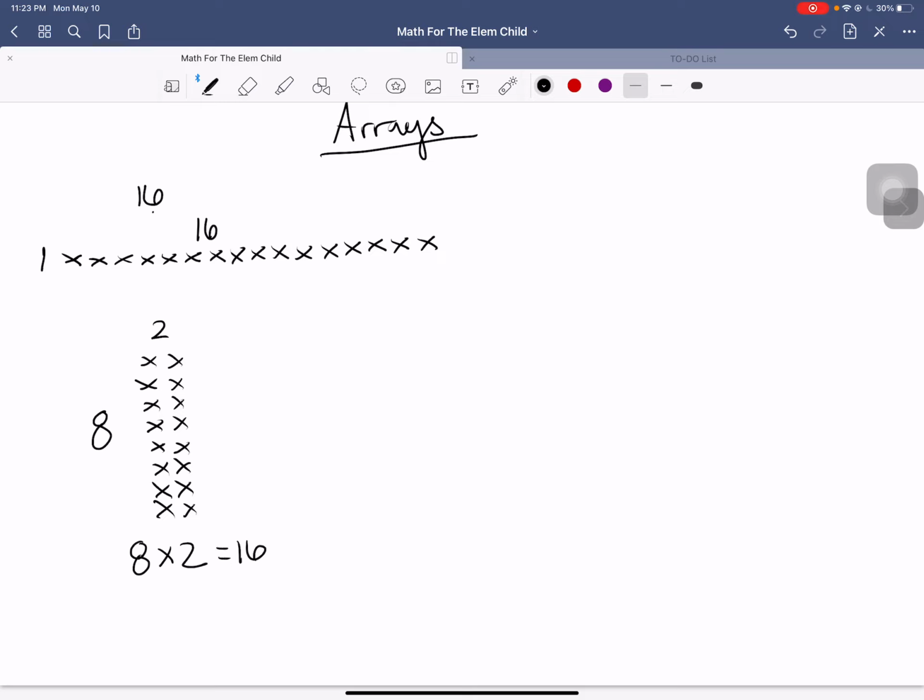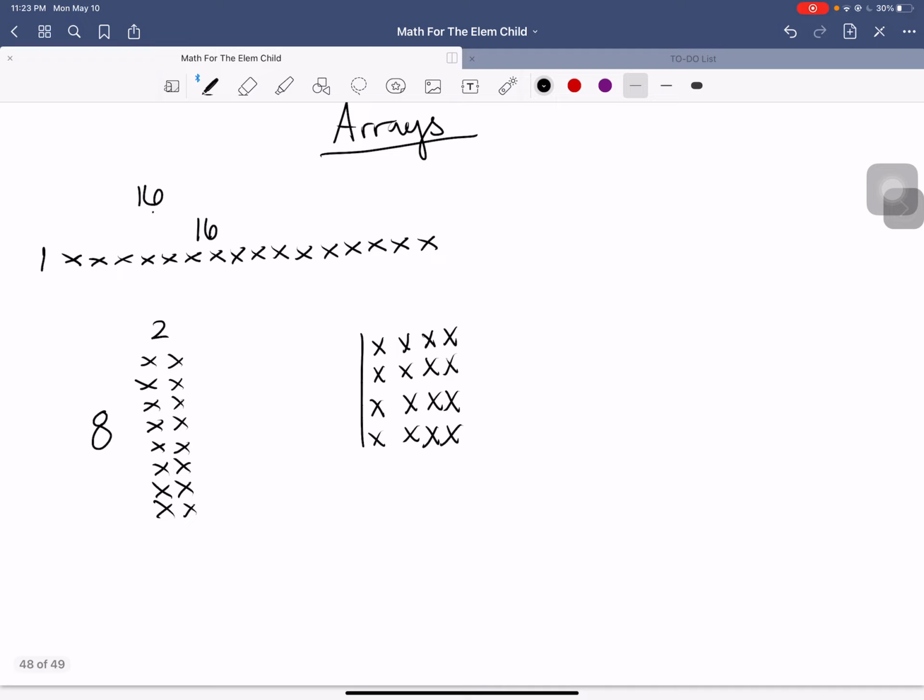And now we're going to move on to, I guess it would look like a square. So we would break it down even further, and we would do 1, 2, 3, 4, 1, 2, 3, 4, 1, 2, 3, 4, 1, 2, 3, 4.